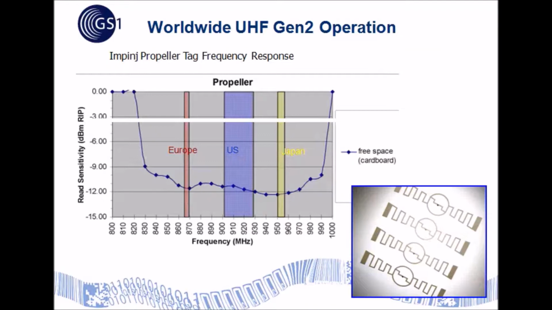In the United States, the spectrum of the UHF Gen 2 RFID tag is located from 900 MHz to 913 MHz. In Asia, Japan used the spectrum located between 950 and 960 MHz for the UHF Gen 2 RFID tag.